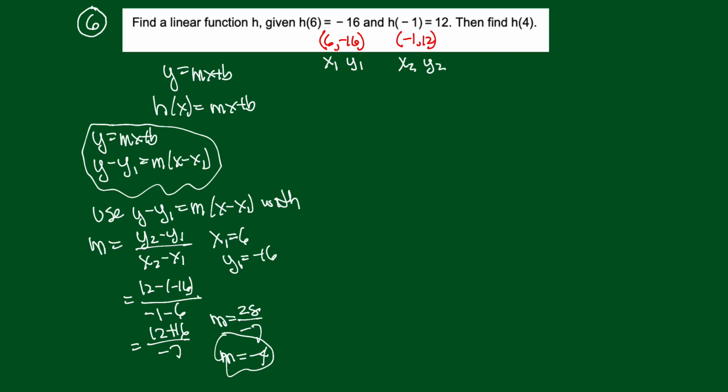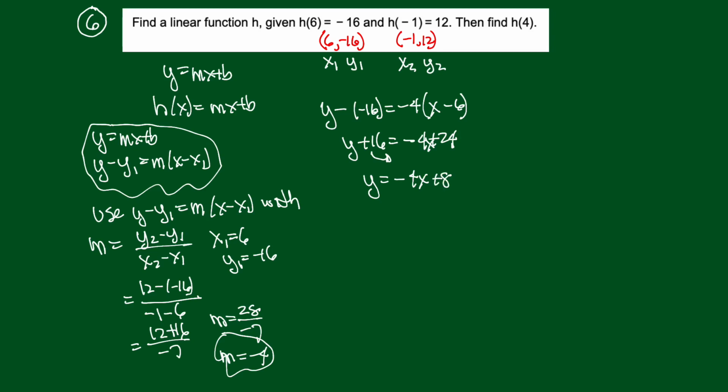So substitute those values. We get y minus -16 equals -4 times x minus 6. So y plus 16 equals -4x plus 24. Now I'm going to subtract that 16. So I'll get y equals negative 4x, and then 24 minus 16 is 8.